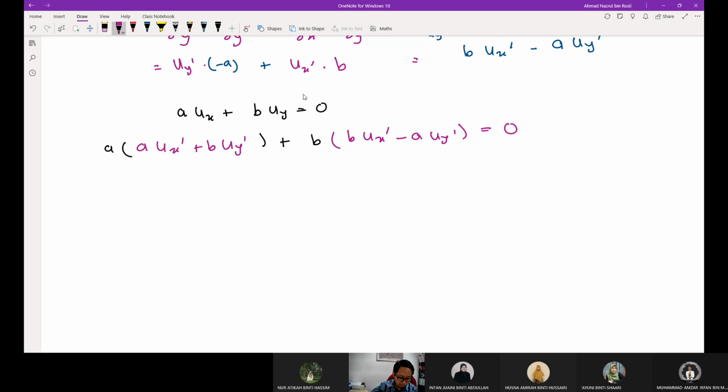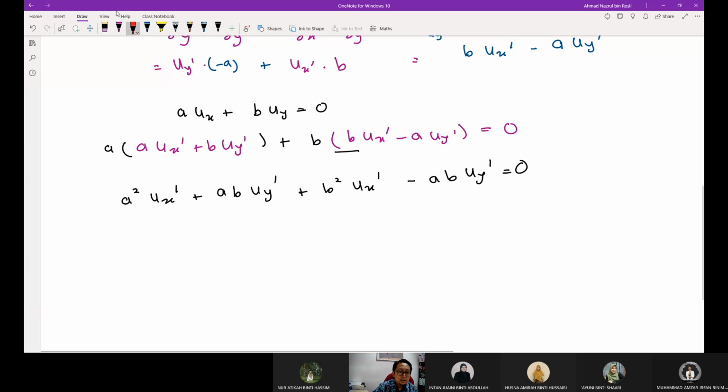Just multiply everything as usual. You get here a square u x prime plus ab u y prime plus b square u x prime minus ab u y prime equal to 0.